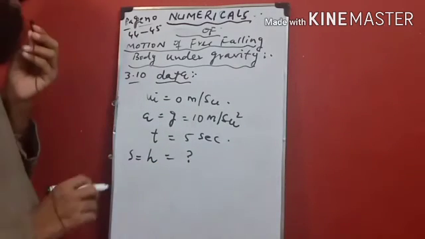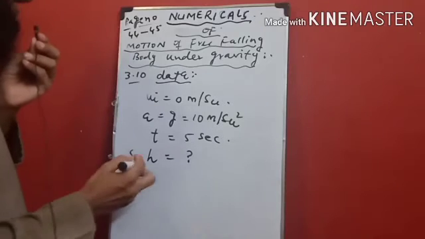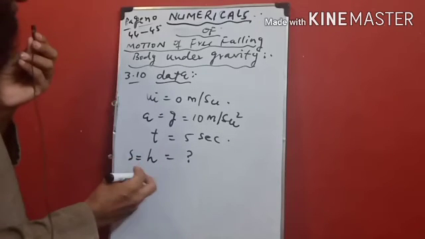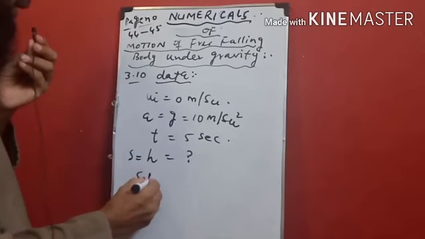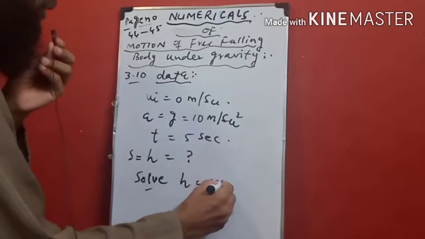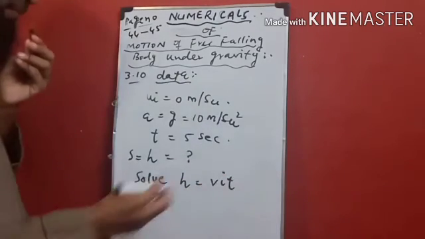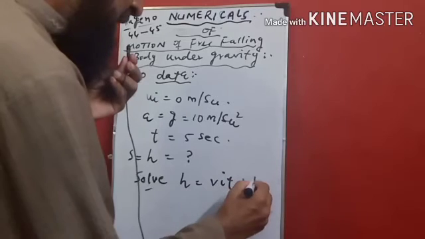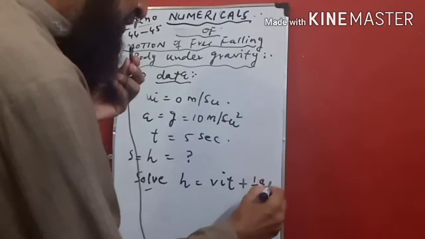In this numerical, we use the formula to solve it. H is equal to ViT plus half GT square.